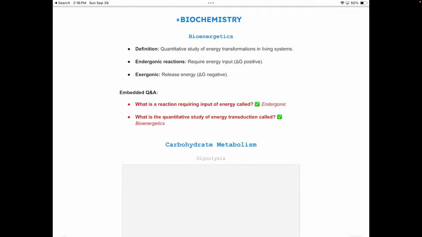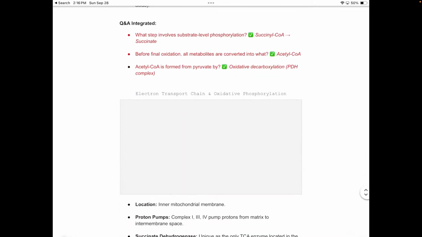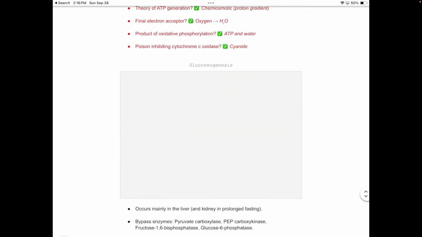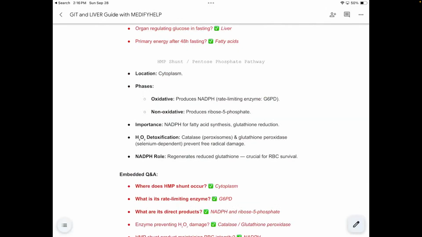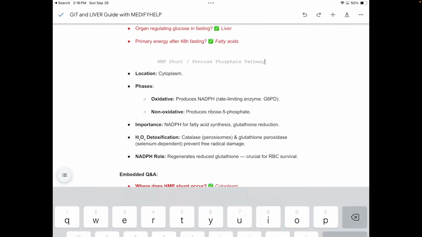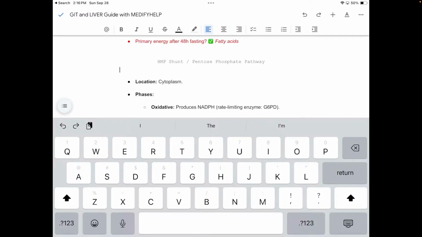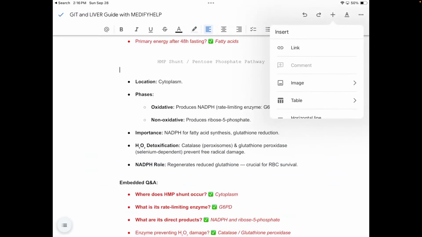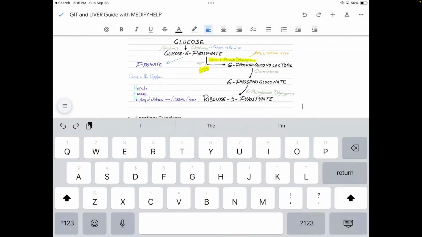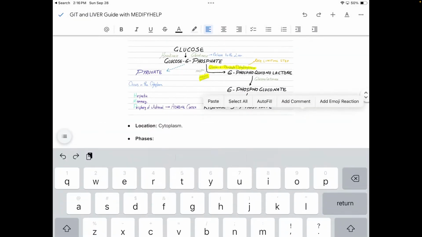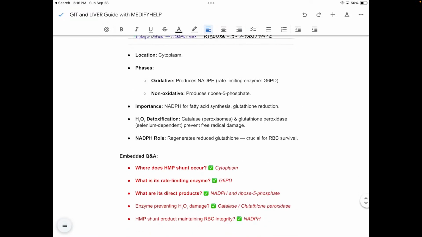Biochemistry. I need to add it over here also. Okay. Alrighty. So simply, I have to add an image here from my Photos app, and there you go. Good, doesn't it? Fits lovingly in this. Okay, I like it.